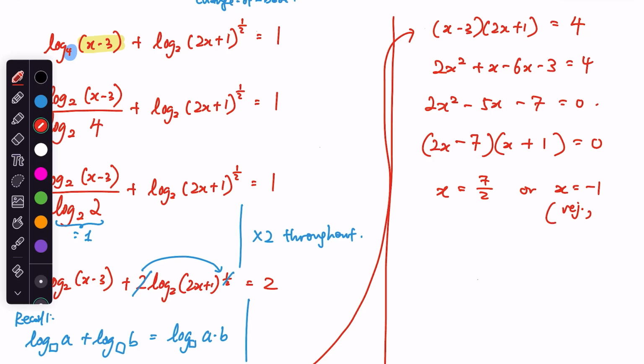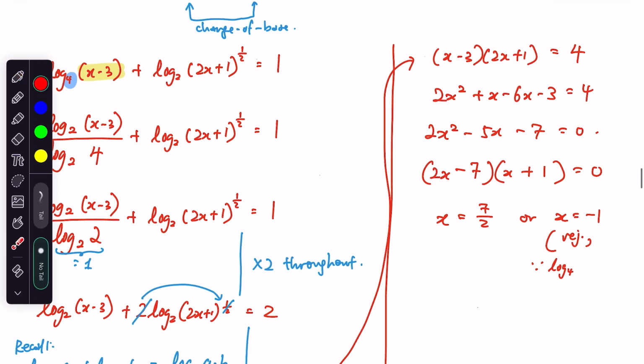So let me write down that since log base 2 of x minus 3, where instead of x I put in negative 1, minus 3, is undefined, that's why you reject x equals negative 1. And the only solution here is 7 over 2.